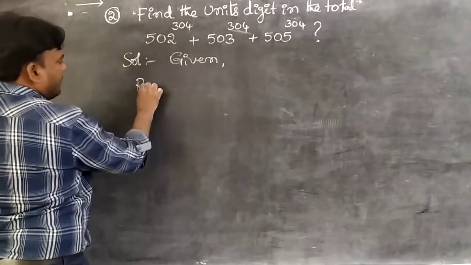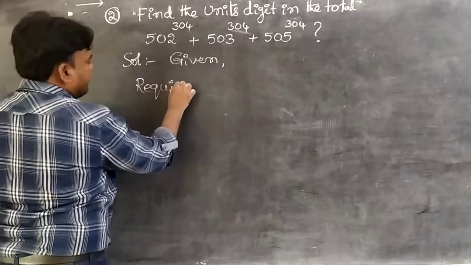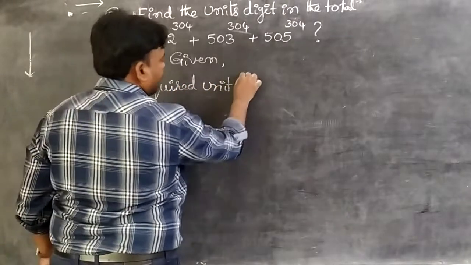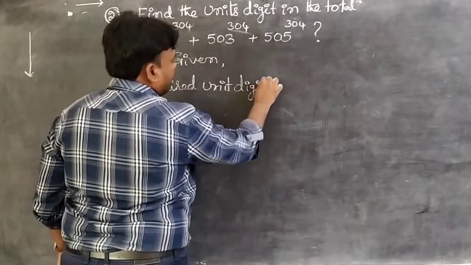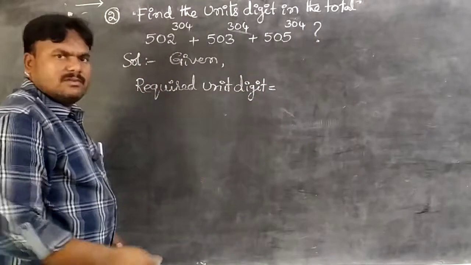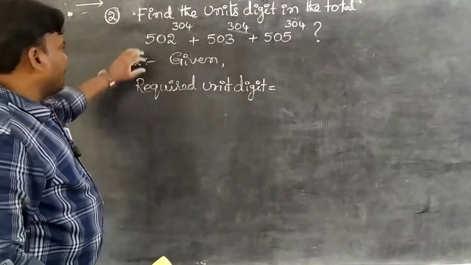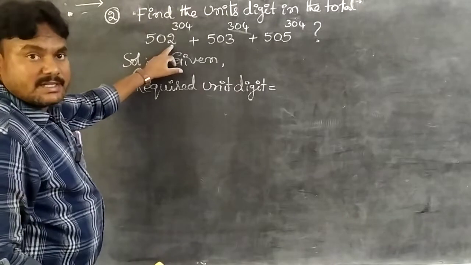So, first formula read down. Required unit digit. Yes, or first model problem or this model. Observe the same approach in the solution. Required unit digit equal. What about first number unit digit is 2? Is it or not?